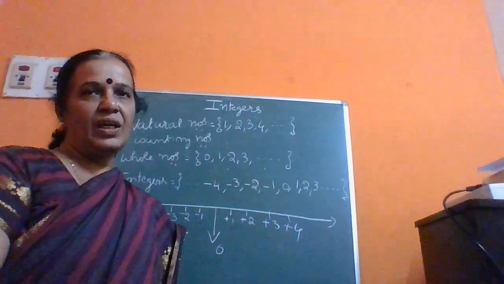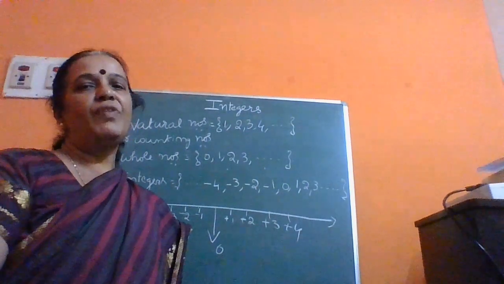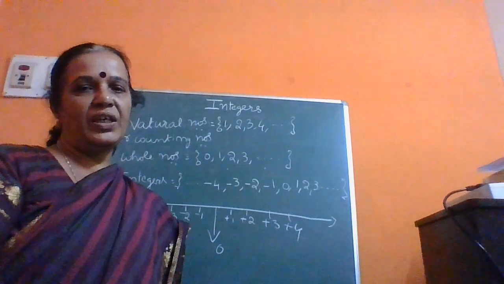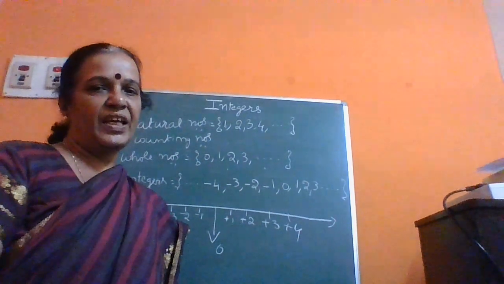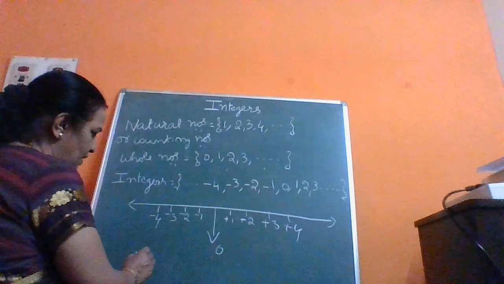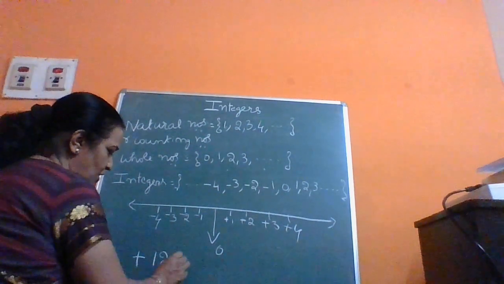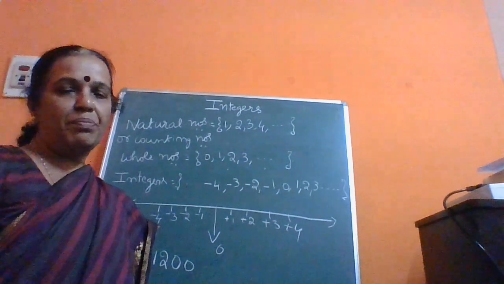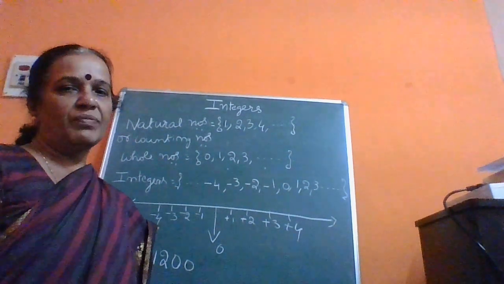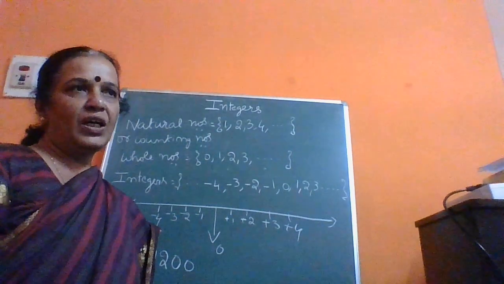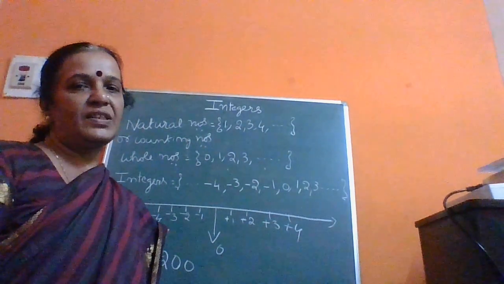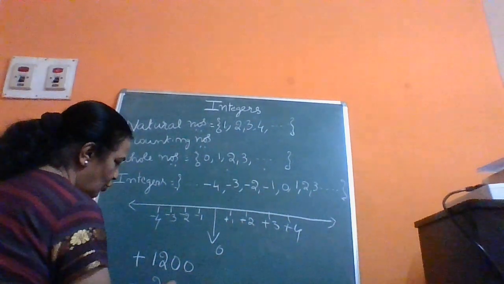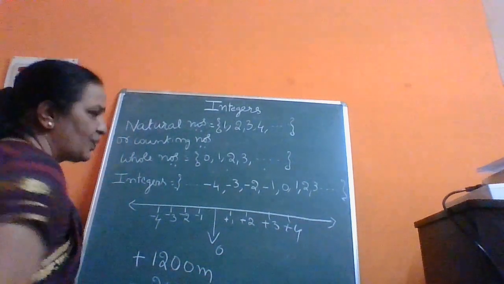Similarly, if we say an aeroplane is flying at the height of 1200 meters above the ground level, then we represent that number with plus 1200. Similarly, if we say a submarine is moving at the depth of 200 meters below the sea level, then that number is represented by minus 200 meters.